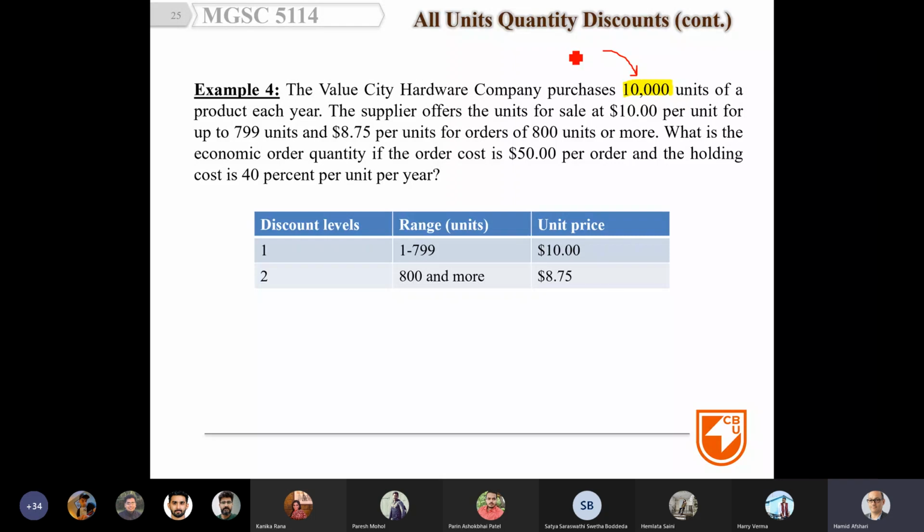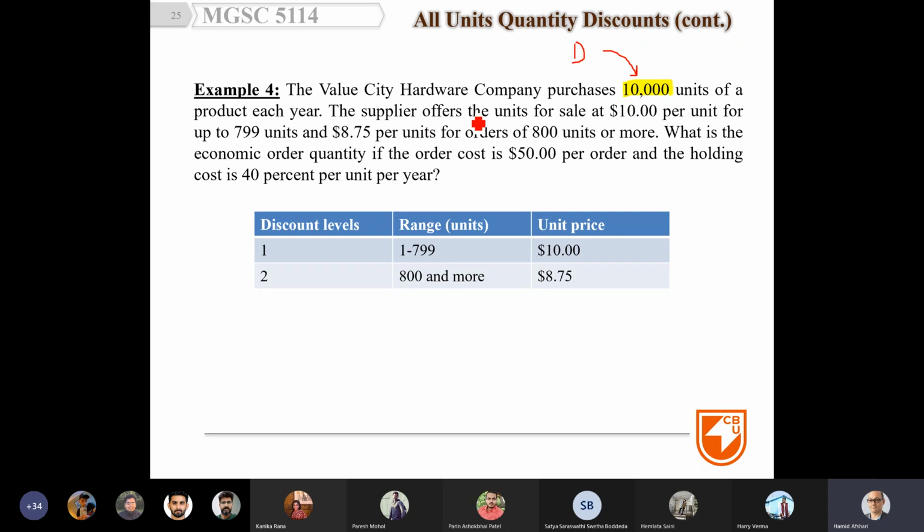Isn't it total demand? Yes or no? Yes. Okay, so demand is 10,000 per year. Be careful, sometimes it says 10,000 per month, so you need to multiply by 12, okay? So the total demand per year is 10,000.